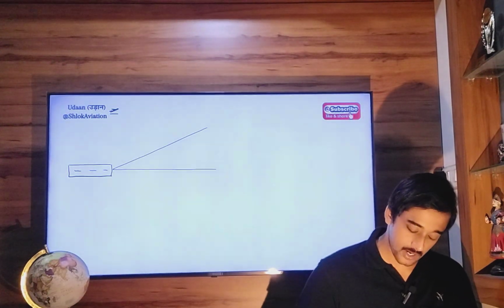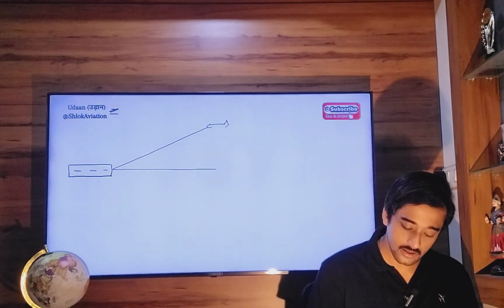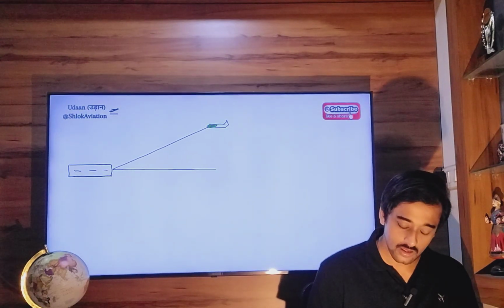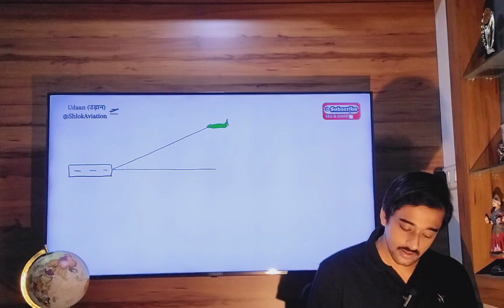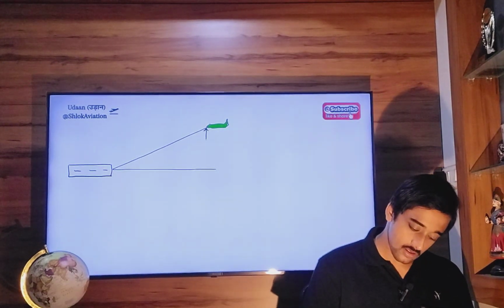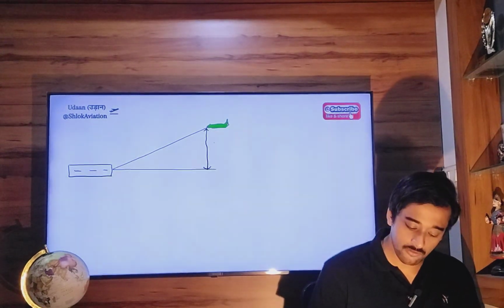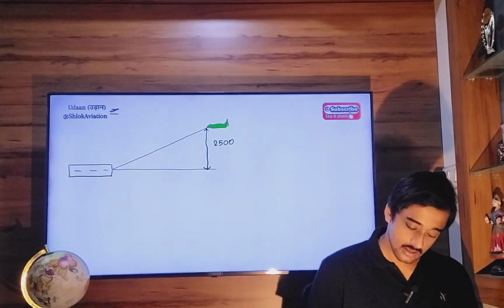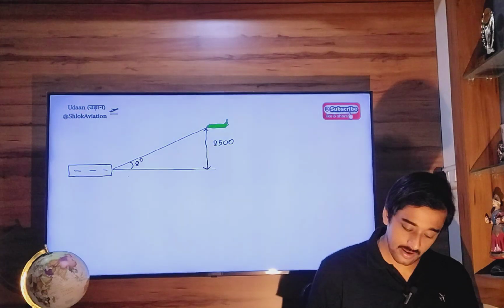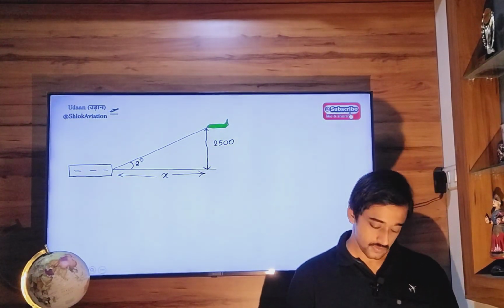This is your glide path angle. This is your aircraft. Your aircraft is 2,500 feet high. Glide angle is 8 degrees. We have to find out this horizontal distance.